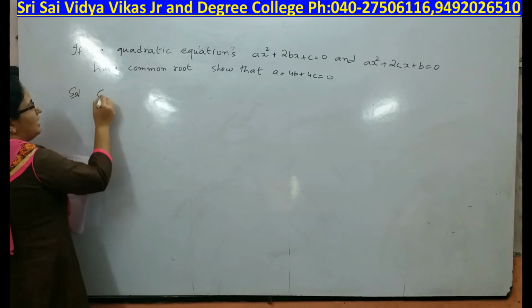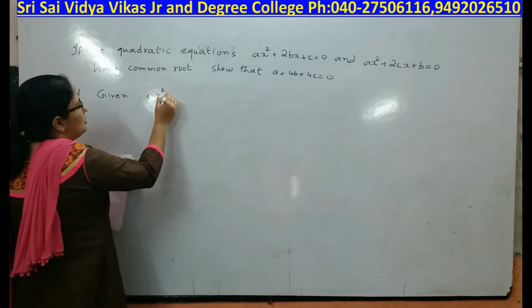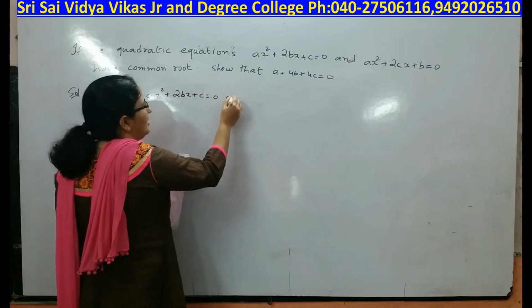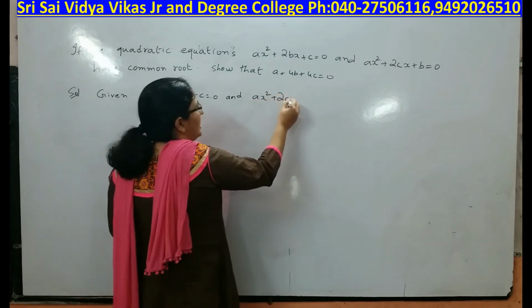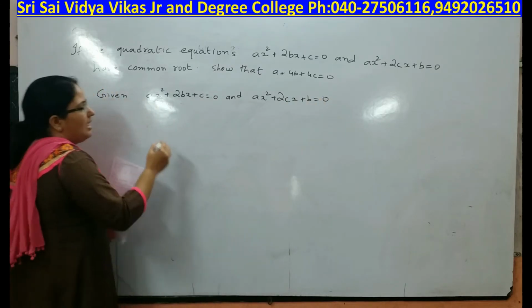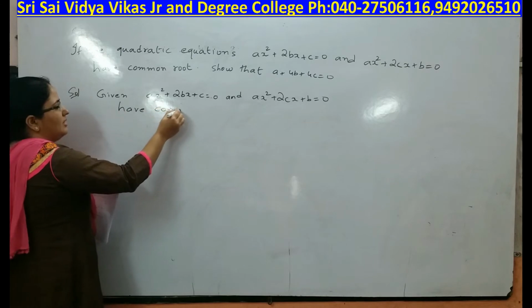Solution. Given ax square plus 2bx plus c is equal to 0 and ax square plus 2cx plus b is equal to 0 have a common root.